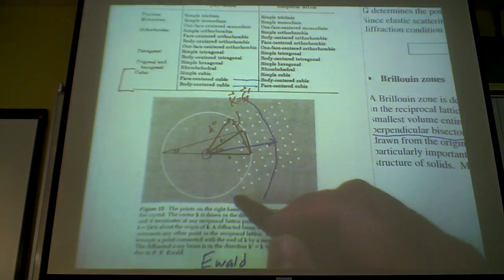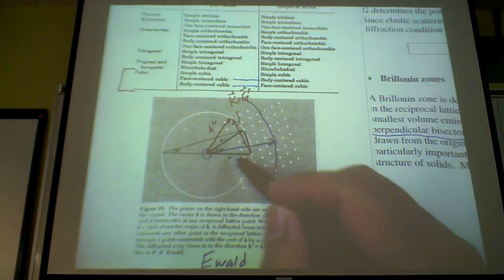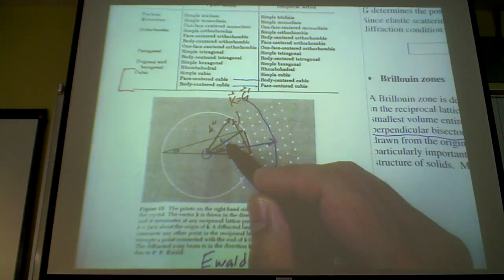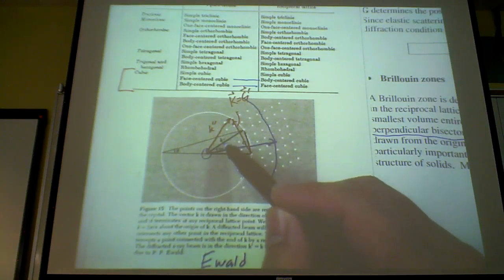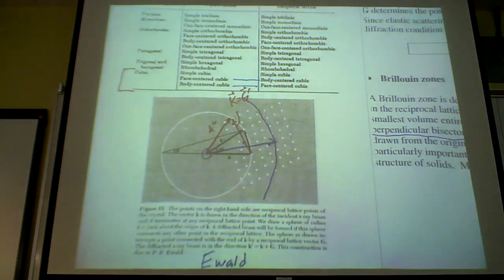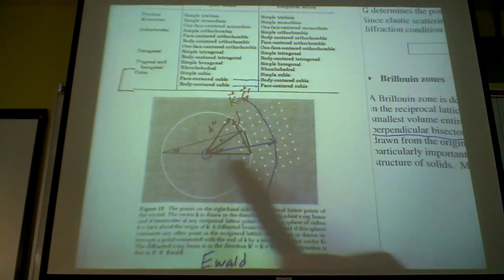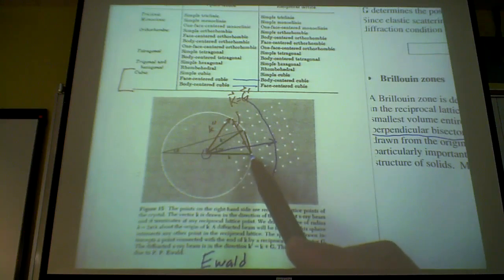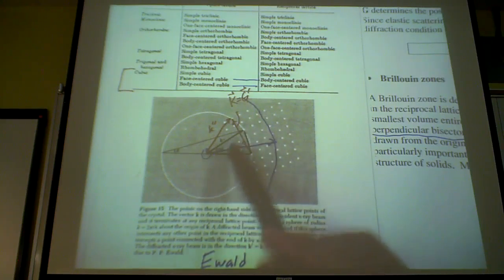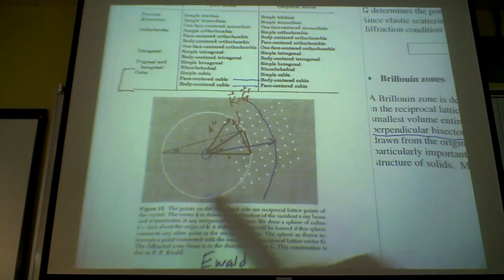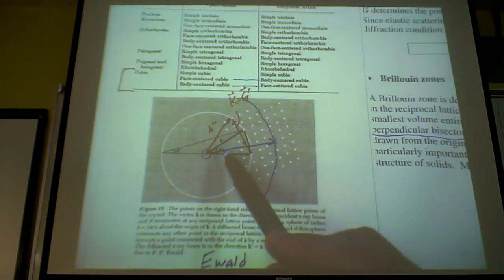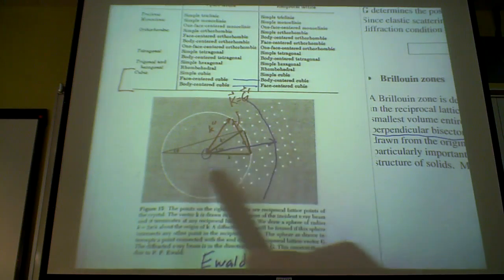And the logic is very simple, because it simply says that k must change to k prime, right? Because this is my incoming wave vector, that's my outgoing wave vector. And they must change by a reciprocal lattice vector. So if I hit one point and it might meet another point, the circle with the same radius ensures that I have the same magnitude. I'm only changing in direction.